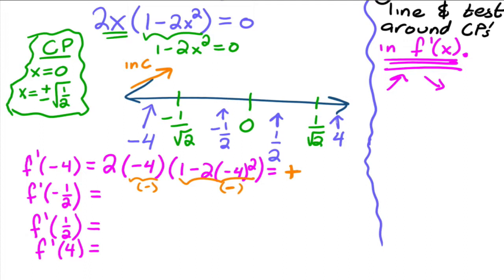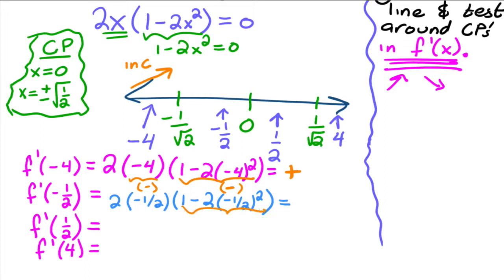Okay, so then I plug in the next one. I'll plug in negative 1/2, so then I have 2 times negative 1/2, times 1 minus 2 times negative 1/2 squared. And notice this time negative 1/2 squared, that's 1/4, times 2, that's 1/2.